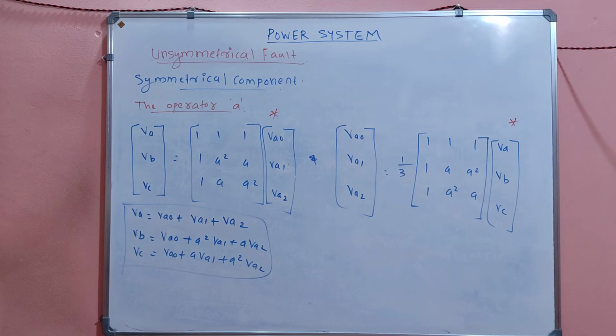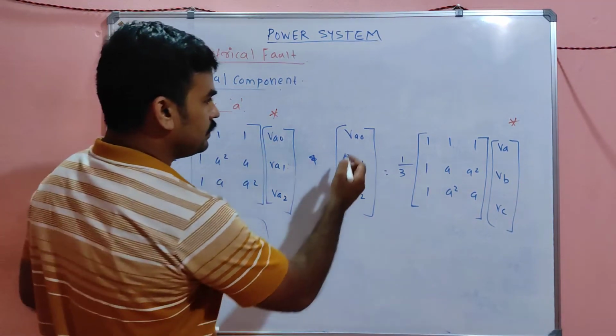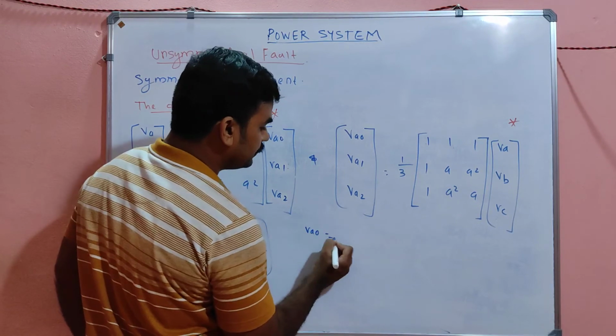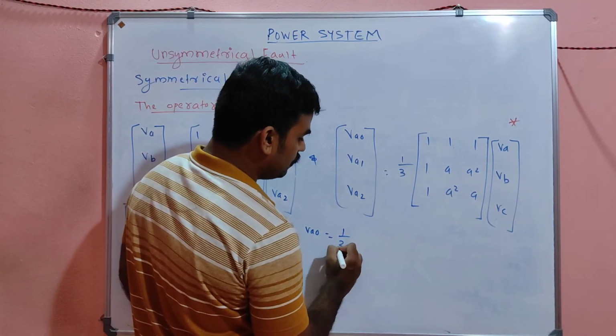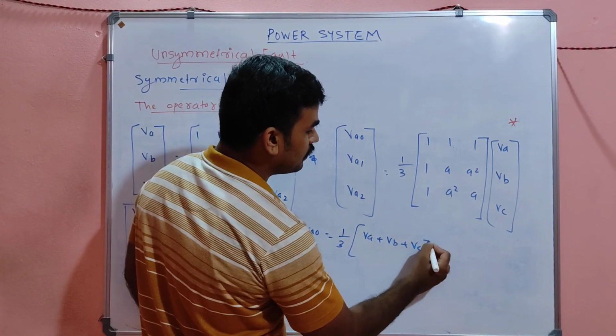Is it clear? So from this also you can say that VA0 will be equal to 1 by 3 into VA plus VB plus VC.